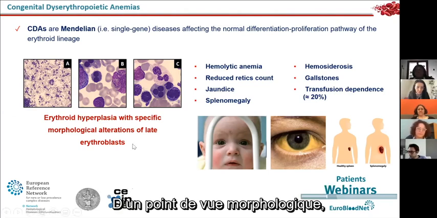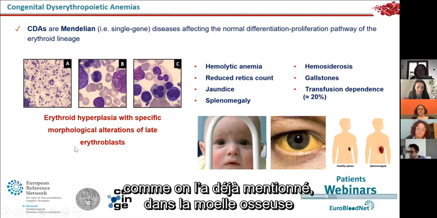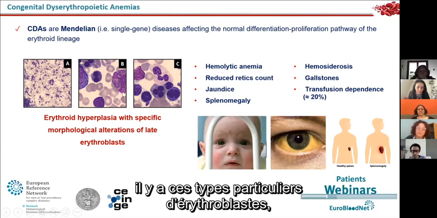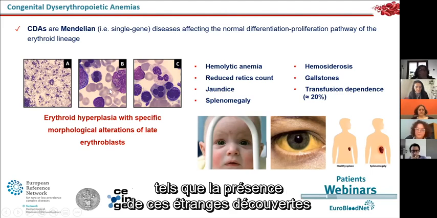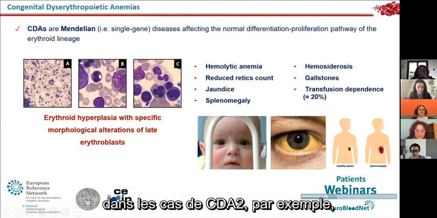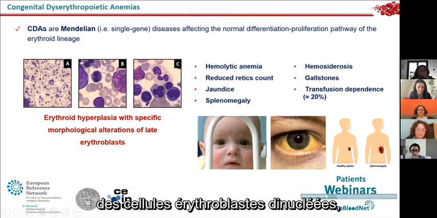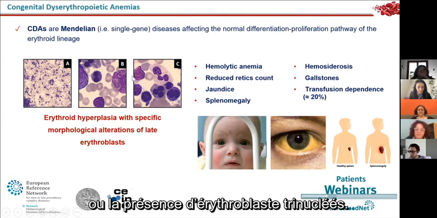From a morphological point of view, as already listened, in the bone marrow we have these peculiar types of erythroblasts, such as the presence of these peculiar findings in CDA II, for example, presence of double nucleated erythroblasts, or presence of 3 nuclei in the erythroblast.